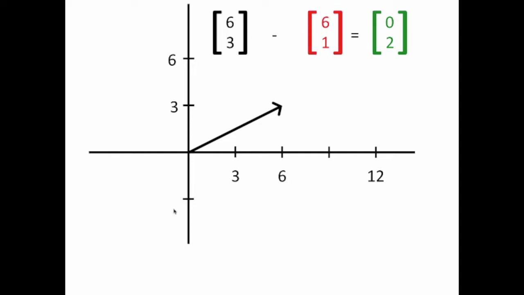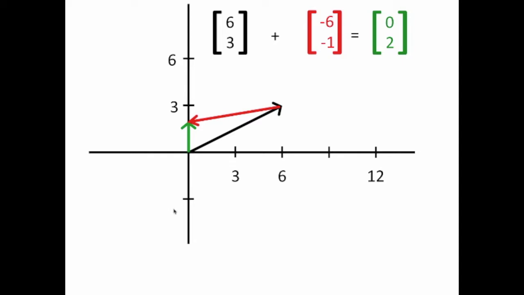Vector A minus vector B is equal to vector A plus -1 times vector B. We know that multiplying by -1 simply flips the vector, and adding vectors simply puts them in a head-to-tail configuration. Therefore, vector A minus vector B looks like this.